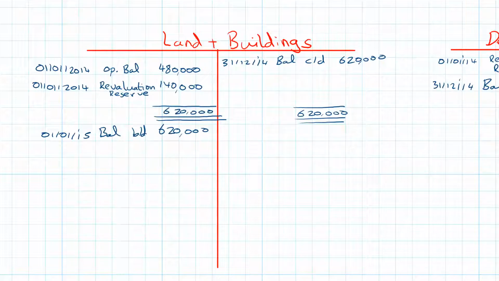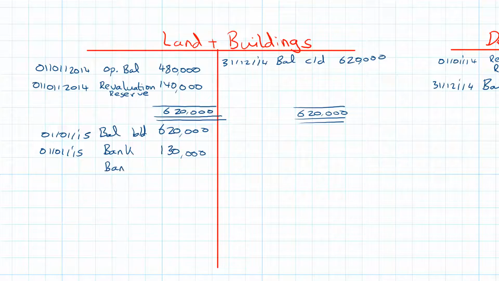So in this case, 130,000 has left my bank account to increase the value of my buildings. Okay, 130,000. As well as that, the wages of the contractors would be coming straight from my bank account as well.